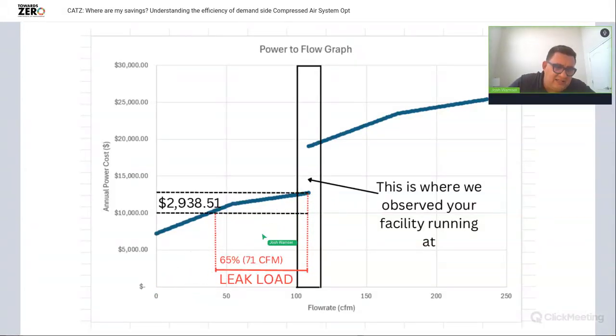This is not proportional. The inefficiency here is that we follow this line. So a change of 65%, a change of 71 CFM, is only at best $2,938.51. It is not 8,000. That would be shown as having a line like this.